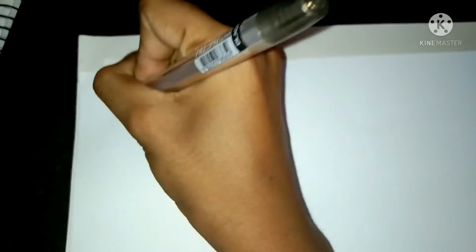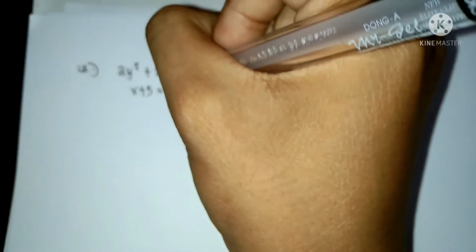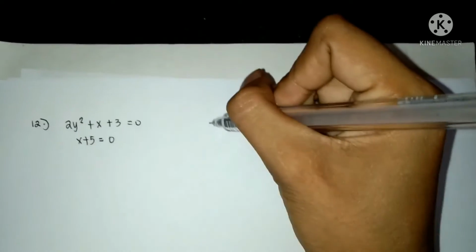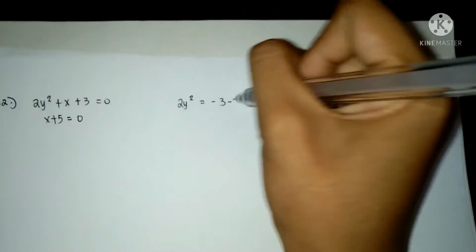So let's proceed now to number 12. Determine the volume of the solid obtained by rotating the region bounded by 2y squared plus x plus 3 is equal to 0 and x plus 5 is equal to 0. So first, let's get the value of y. So 2y squared is equal to negative 3 minus x.